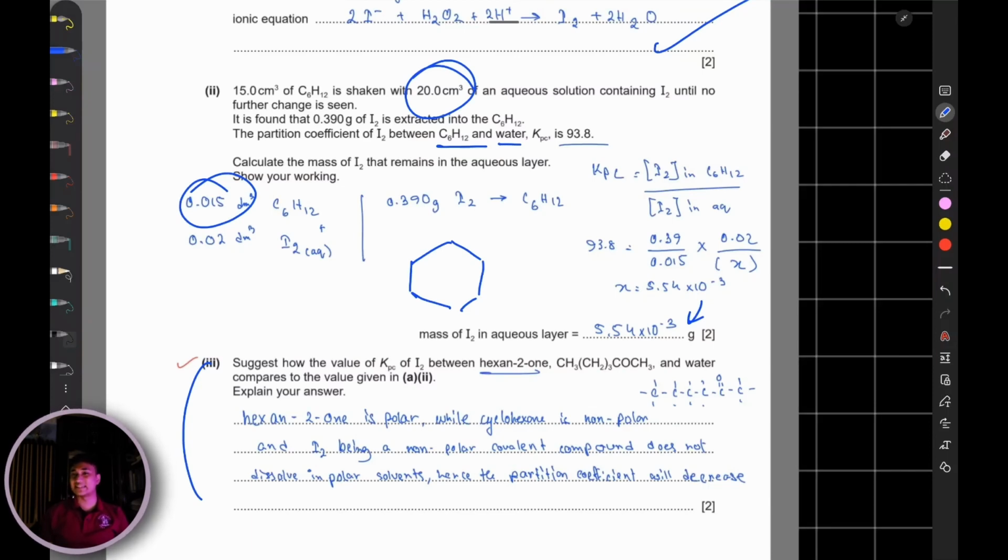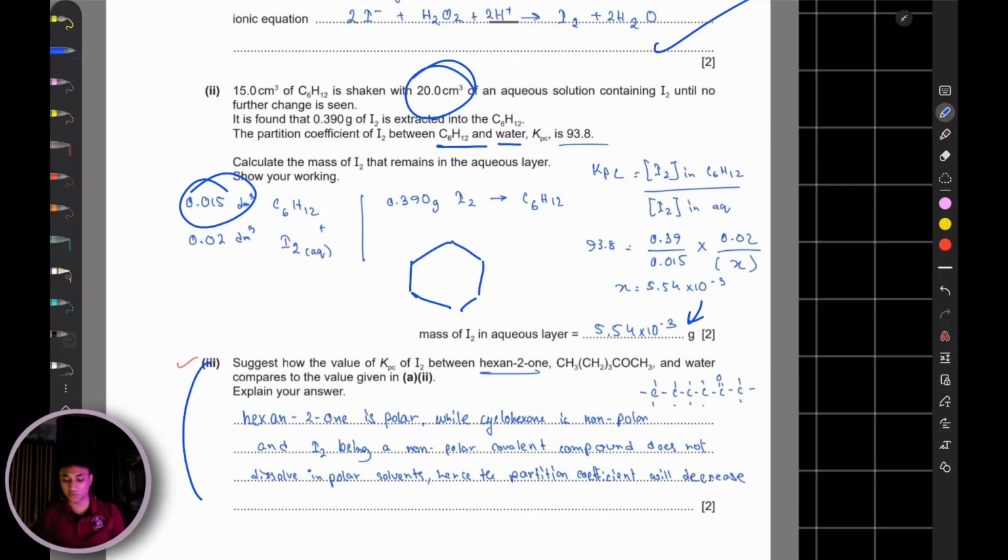However, due to the existence of the oxygen atom, it gets a bit more polar, which is why the advantage that cyclohexane had compared to water is going to decrease. Cyclohexane was very non-polar. Now, compared to that, your ketone is not as non-polar. It is slightly polar. So it's going to do a worse job at extracting iodine.